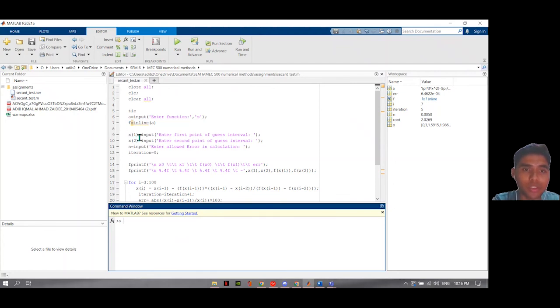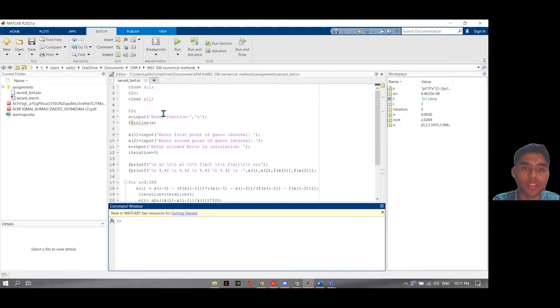As for x1, we enter the first point of the guess interval, for x2 we enter the second point of the guess interval, and for n we enter the allowed error in calculation, in other words the pre-specified error. In this case I use 0.5% for the allowable error, and we initialize the iteration to 0.